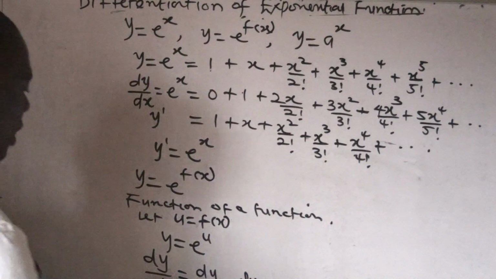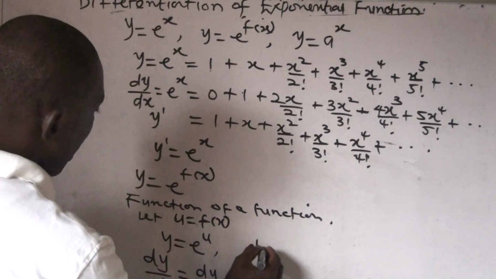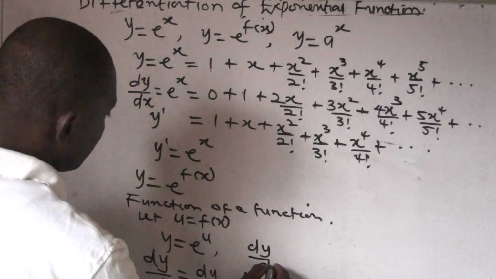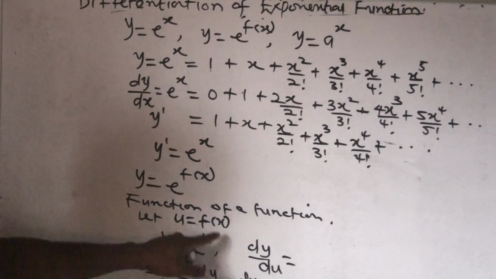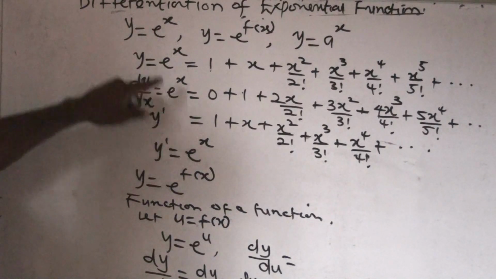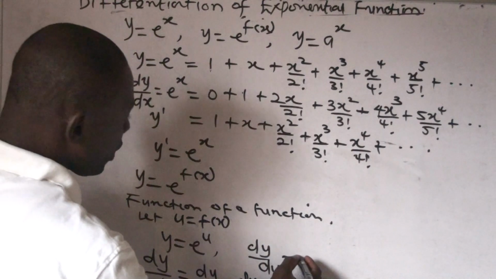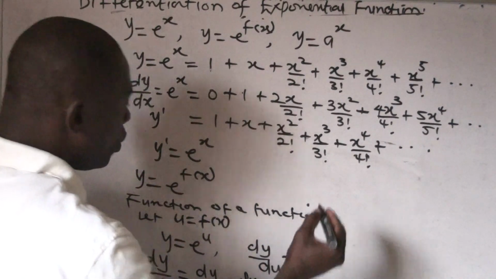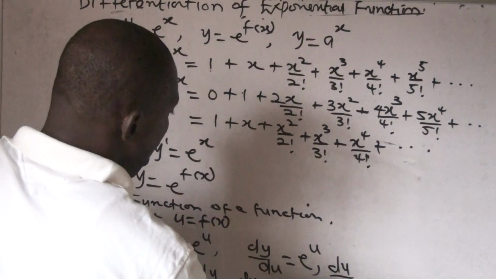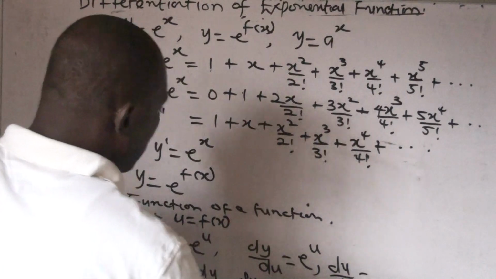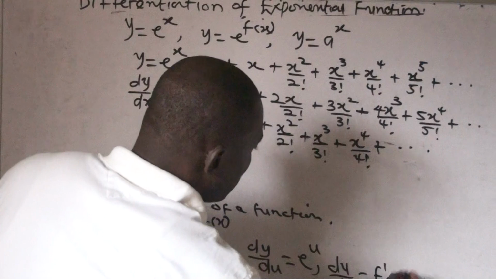Now let's find our dy/du. If we differentiate this, it's still going to give us the same thing, so dy/du is going to give us e raised to power u. Then let's find du/dx. The du/dx will just give us f prime, that is the first derivative of f of x.